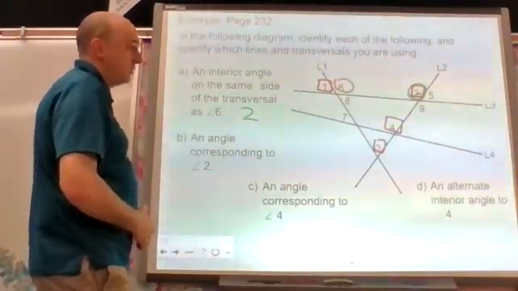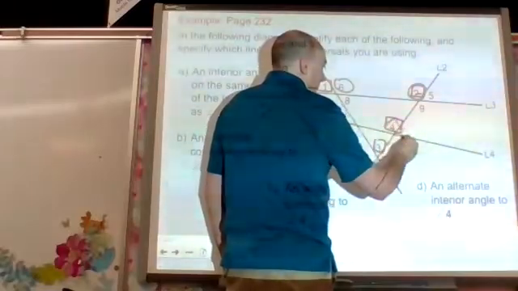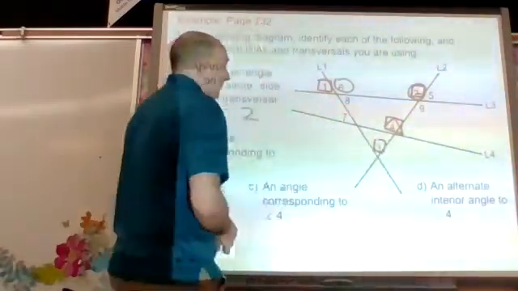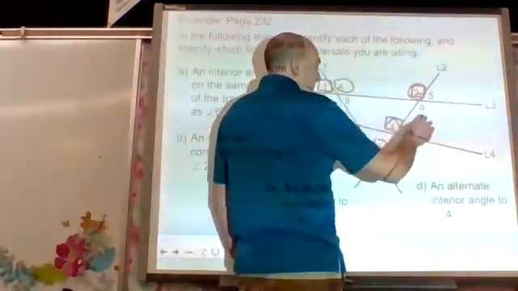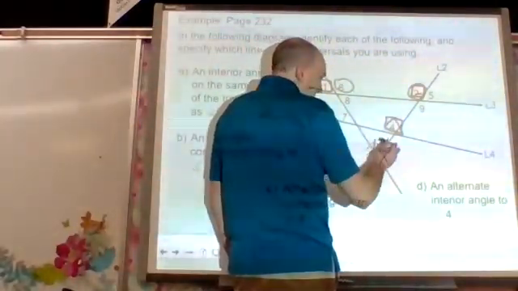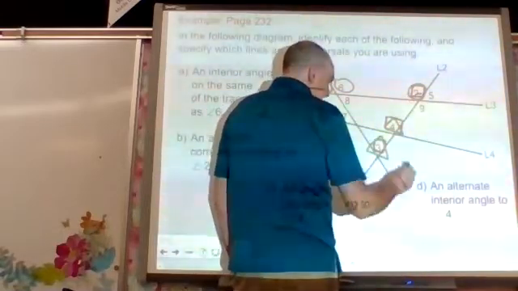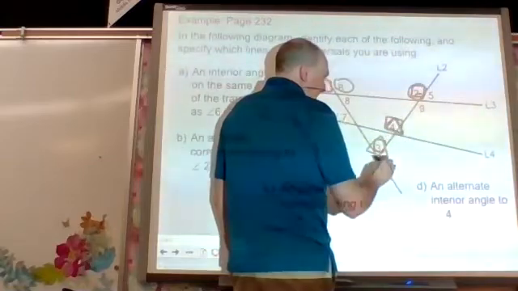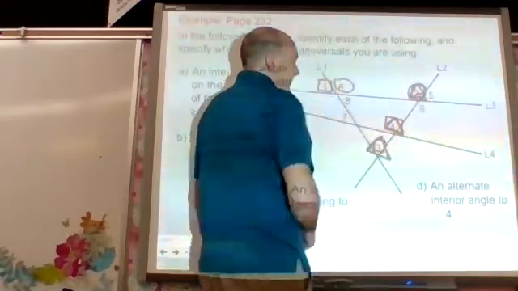And finally, angles corresponding to 4. Well, obviously, if 4 corresponds to 2, then 2 also corresponds to 4. 3 also corresponds. Maybe I should go blue this time, sorry. 2 also corresponds.